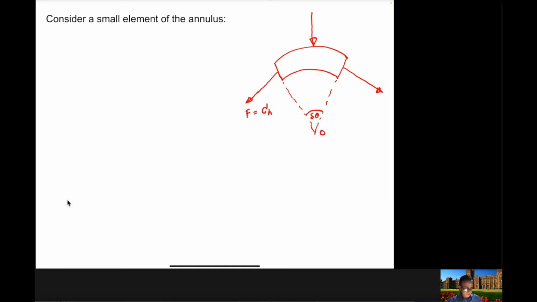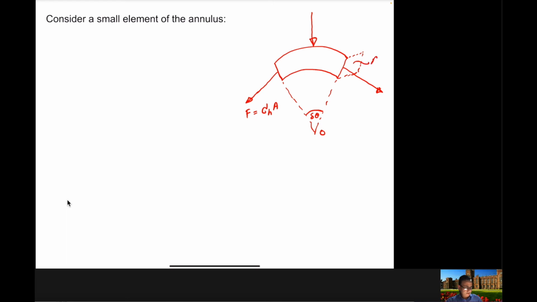So sigma h, which is the hoop stress, multiplied with the cross section area of the rim of the flywheel, which is going to be this area here.